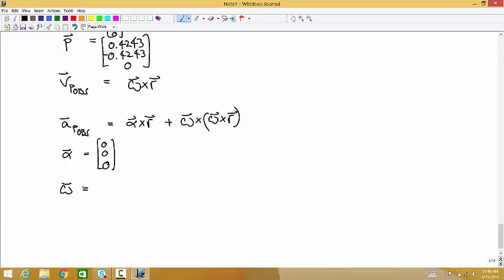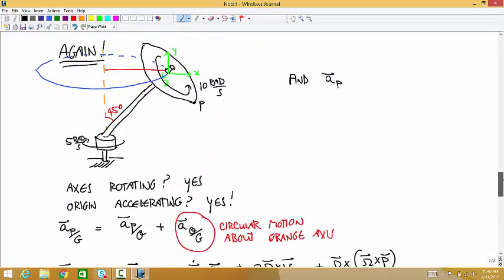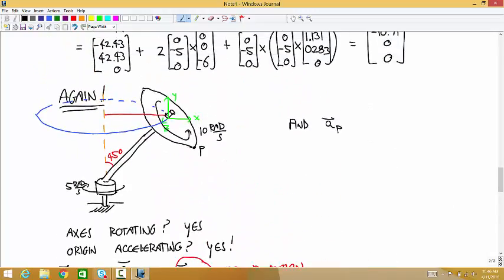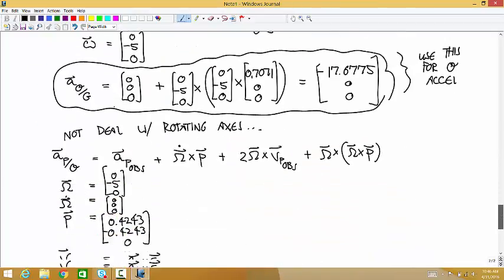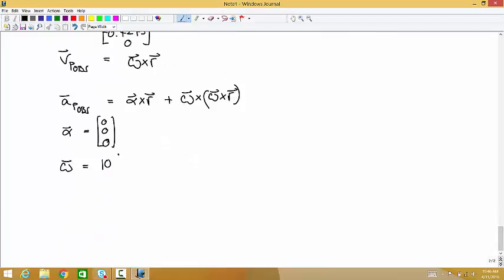What's omega equal to? That's right. And it's just the same as it was before. So the direction is at 45 degrees between the x and y axes. The magnitude is 10. So that's 10 times 0.7071, 0.7071, 0. So that's 7.071, 7.071, 0.